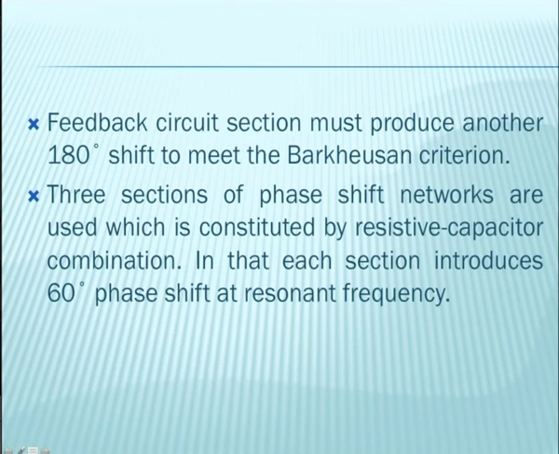This is the phase shift oscillator circuit. Then the feedback circuit section must produce another 180-degree phase shift to meet the Barkhausen condition, which is an important condition to get oscillation in an amplifier circuit. 3 sections of phase shift networks are used, constituted by resistive capacitive combinations. In these 3 sections, each section introduces a 60-degree phase shift at the resonant frequency.